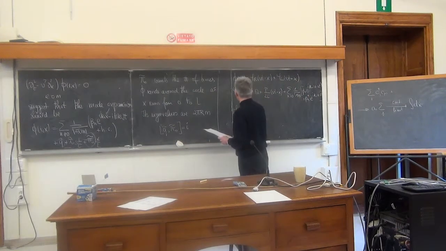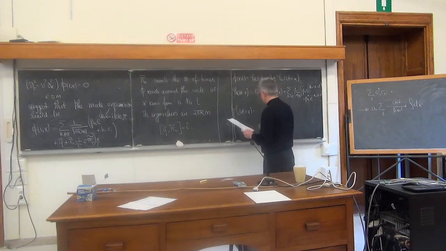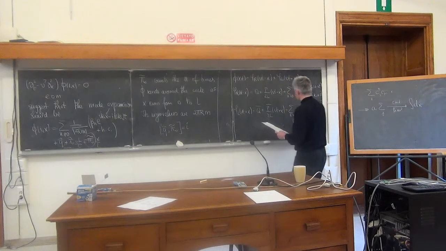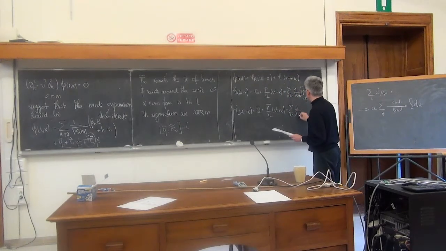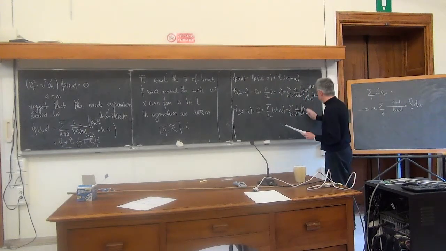and phi left of vt plus x is defined as Q bar plus P bar over 2L (vt plus x) plus the sum over positive n of 1 over root n, beta minus n, these are the other modes now, e to the minus i k_n (x plus vt) plus beta minus n dagger e to the i k_n (x plus vt).